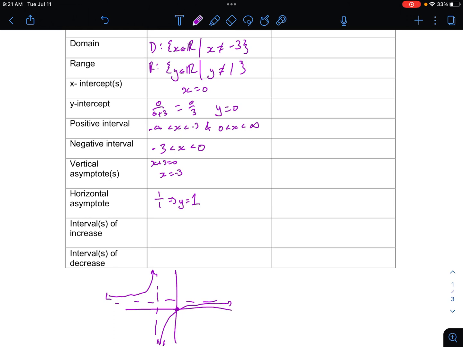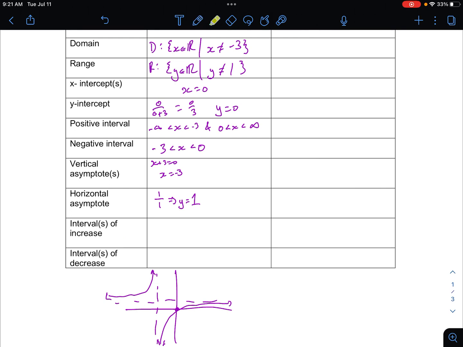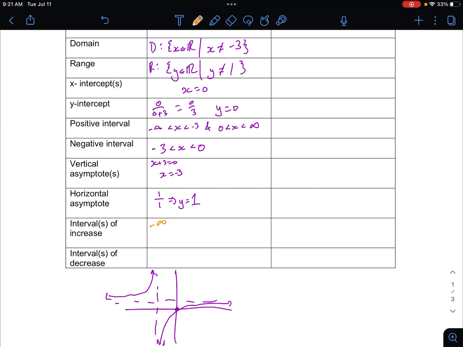And when we think about increasing or decreasing, it's tracing your pencil or your pen along this graph, and you always read left to right. So where are all my y values increasing? Well, in this case, my interval of increase starts at negative infinity, and it actually continues on, right?